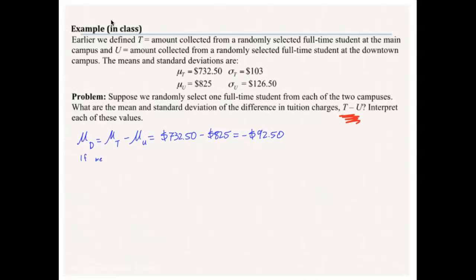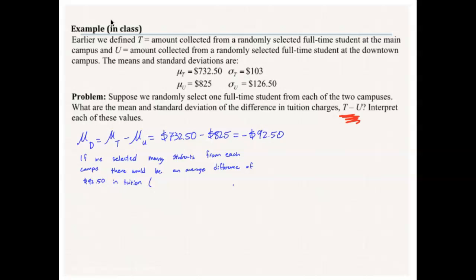So if we selected many students from each campus, there would be an average difference of $92.50 in tuition.